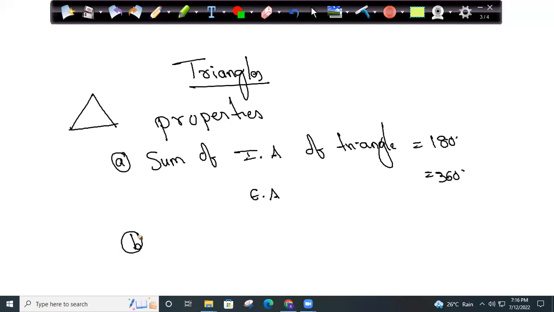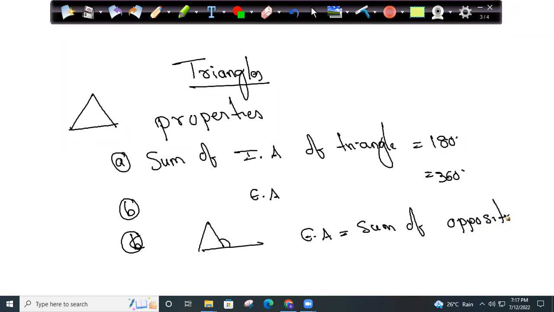Next property is, the exterior angle is equal to the sum of opposite interior angles.